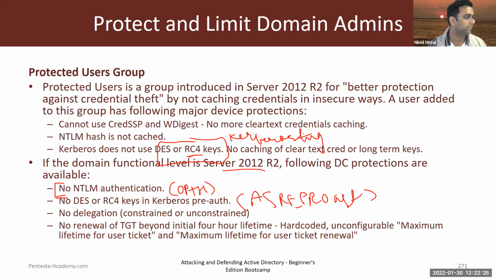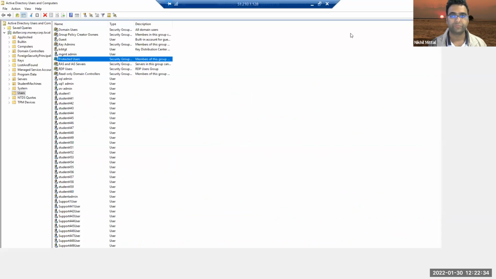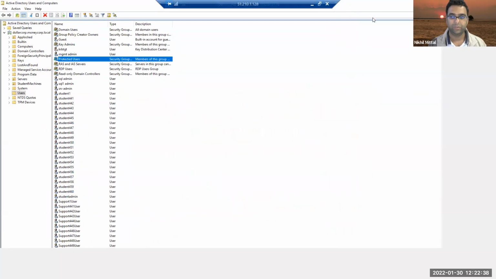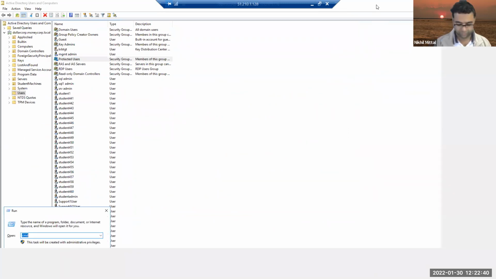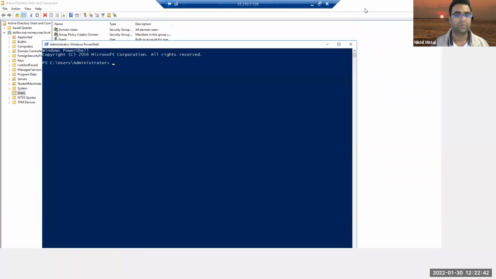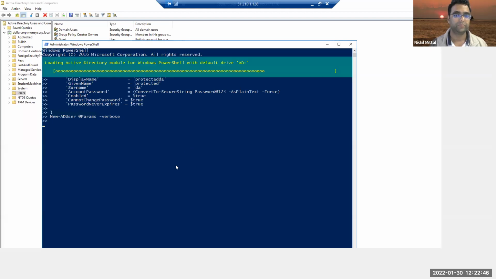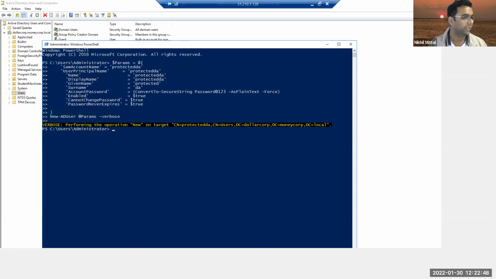For example, if we create a new user, let's call that user protectedDA, and let's make them a member of the domain admins group.